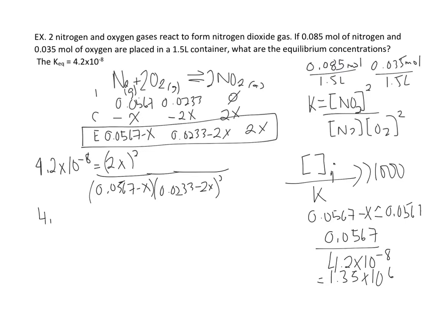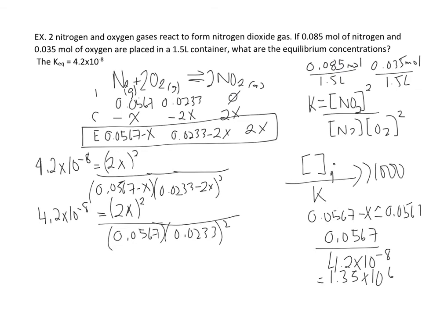So 4.2 times 10 to the negative 8 is equal to 2x all squared over 0.0567 times 0.0233 squared. So what that's saying is that x is so small that it's not really going to change these values, so it's insignificant.